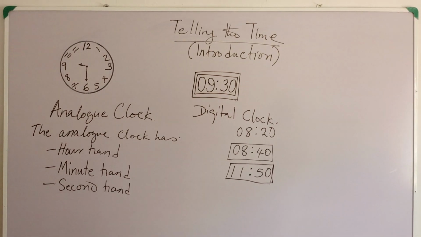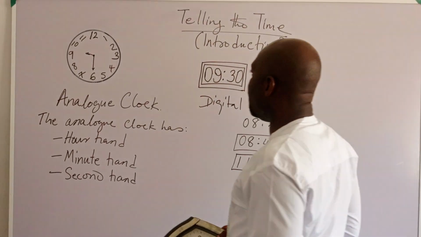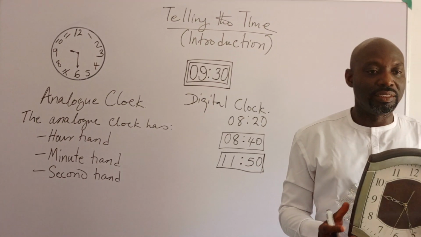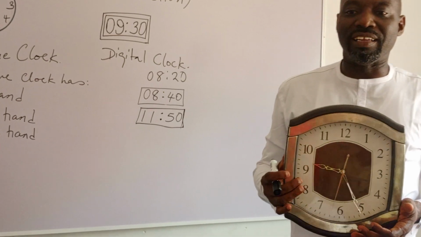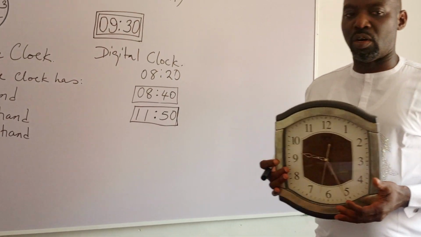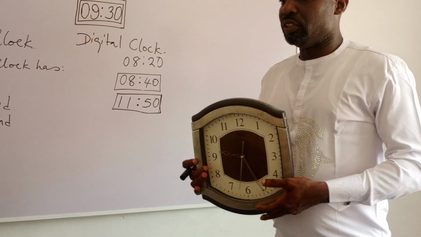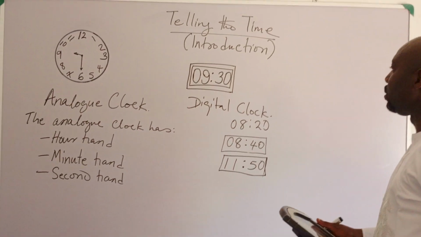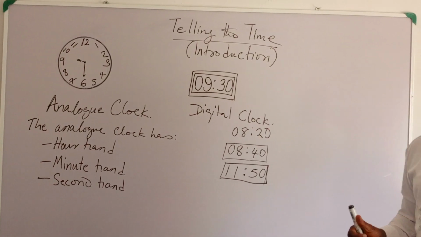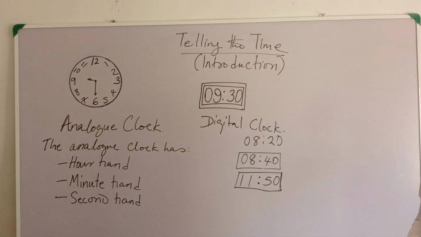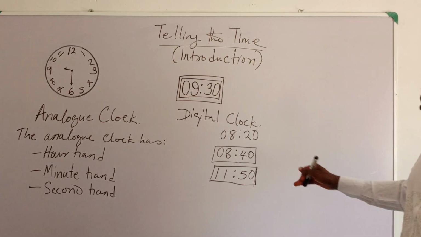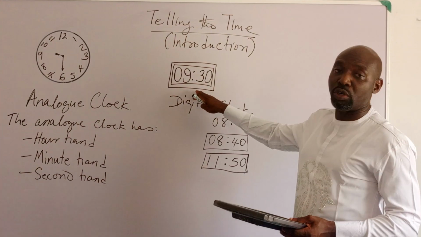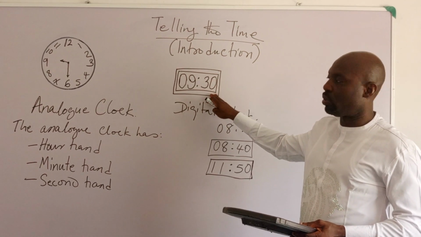We have two types of clock. We have, like the one in my hand, this is called the analog clock. Say analog clock. The analog clock is the first clock that came before the second type of clock, which we call the digital clock.